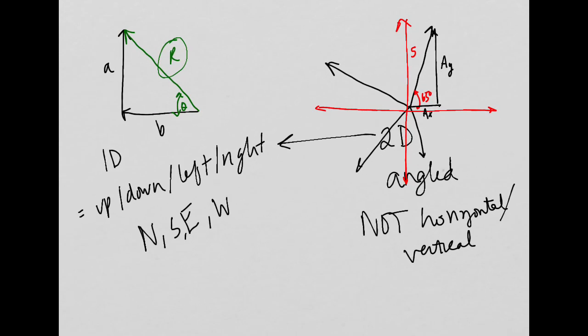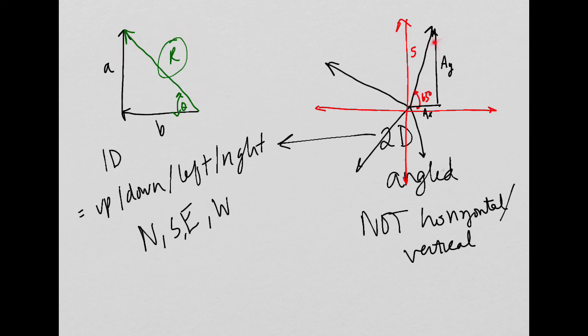So if we're given the horizontal and vertical components and we're asked to solve for the resultant, if they're already perpendicular, which means they make a 90-degree angle, then we're good to go. We don't have to do anything. We just have to do Pythagorean's theorem and trigonometric method, and we're good.